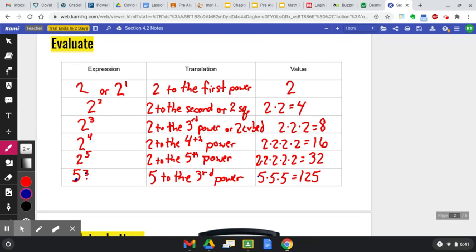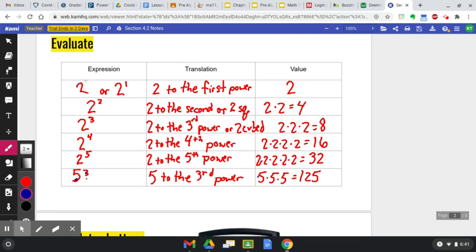So this is just a table, and it gives me an expression and the translation. How do we say that, and what does it really mean when we look at that? So first of all, 2 is the same thing as 2 to the first. You don't usually see this 1 written as the exponent. It's just understood to be here, right?